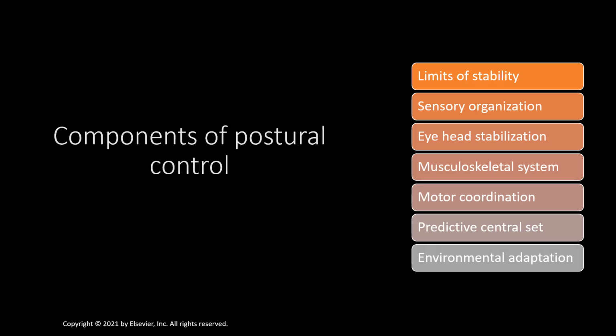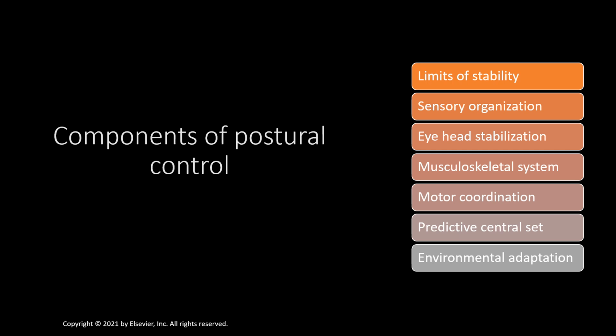When we look at our components of postural control, we obviously need to consider our limits of stability. How far can they reach without having to change the base of support to maintain balance? And so that's what we mean when we talk about limits of stability. The sensory organization, how do they make sense of sensory information? Does their brain process it?